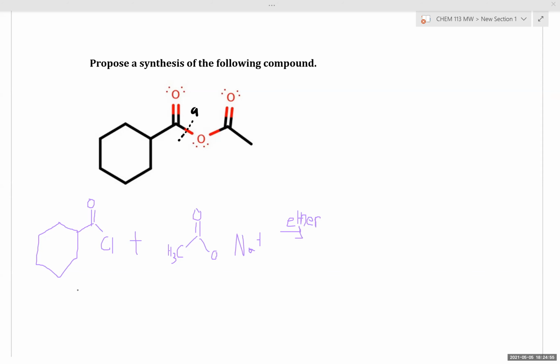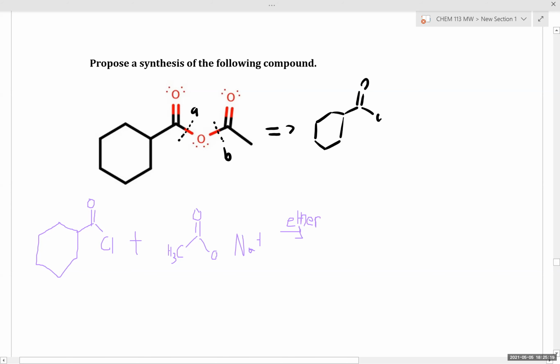At high temperatures, pyrolysis generally gives the symmetrical anhydride. And since we have an asymmetrical anhydride, it wouldn't quite be the best fit. You can also break the other anhydride carbon-oxygen bond, and you can trace this back to the corresponding carboxylate ion and acetyl chloride. That's also a viable path.